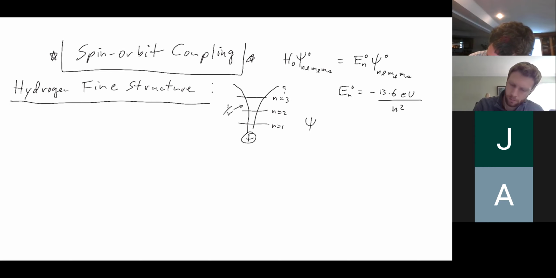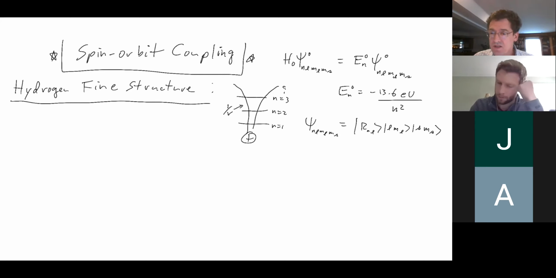You know that psi N L M sub L M sub S, we can write as a radial part R N L, times an angular part, L M sub L, and the spin part, S M sub S. Okay, so this is just sort of review.